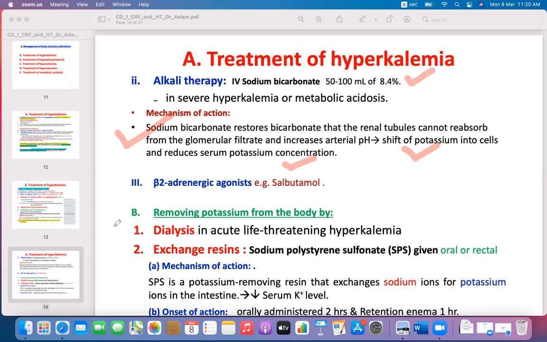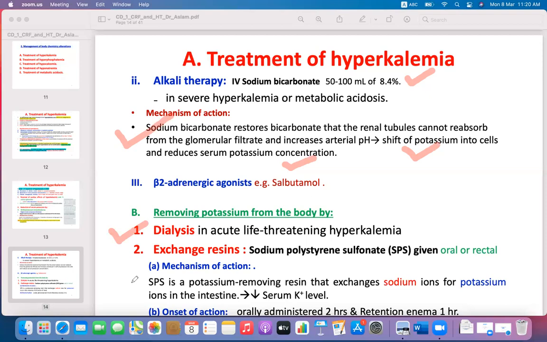And for removing potassium from the body, we can reduce the serum potassium by dialysis in acute life-threatening hyperkalemia, and we can use an exchange resin. Sodium polystyrene sulfonate is given orally or rectally. How does it act?